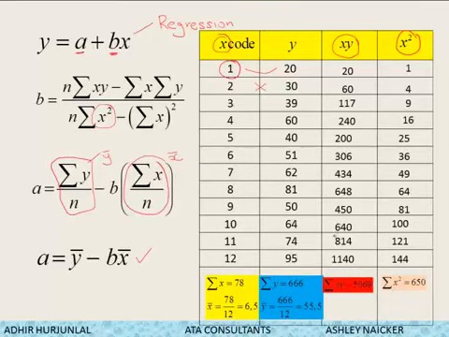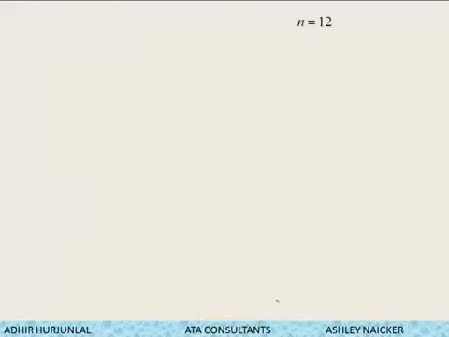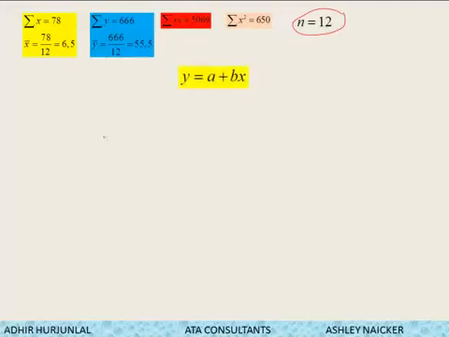For me to get the trend equation, I'm simply going to use these values with the sample size, which is 12, and I'm going to get the trend line equation. I've calculated all of this from the previous table. It seems long, but once you get the hang of it, it's very easy. Trend equation, y is equal to a plus bx. That's where I'm heading.